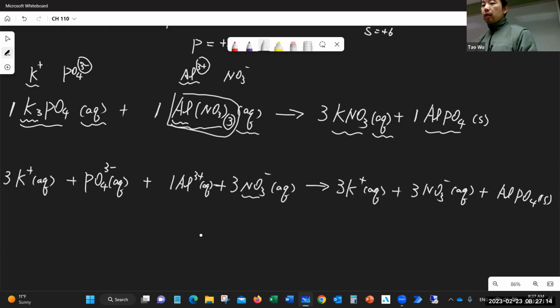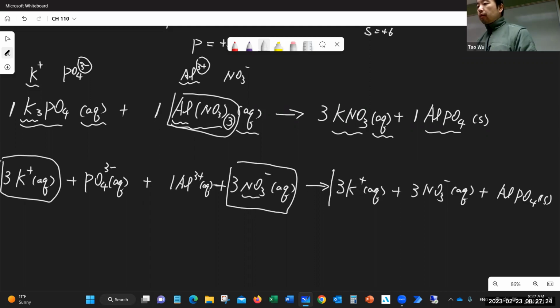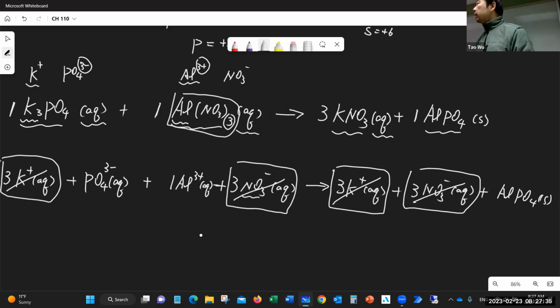So you will see this is a complete ionic equation. Then you will see, okay, potassium nitrate. We have a potassium and a nitrate. So potassium and nitrate, those are the spectator ions. So you cancel those spectator ions.